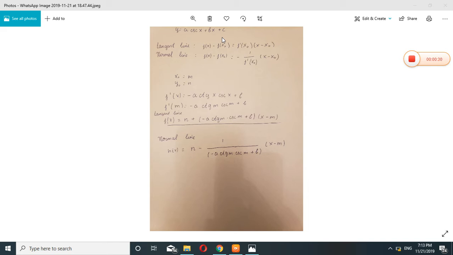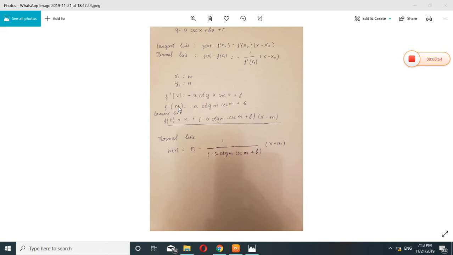For finding the tangent line and normal line, as you see from our equation, we should find the derivatives, and we have to give initial values to them. We have taken y initial as n and x initial as m, and we begin to find the derivative of the function.